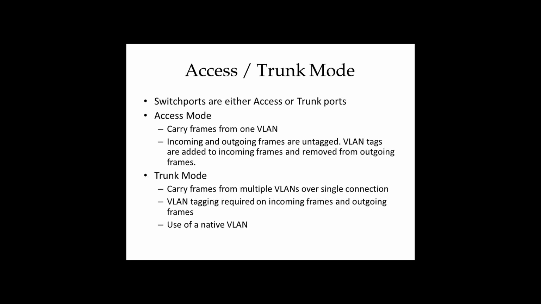Then the host server will send frames to the switch with VLAN tags. It's actually going to come into the switch with a tag on it, because at that point the switch will look at that frame, see the tag, and then it'll know which VLAN to pass that frame on to.